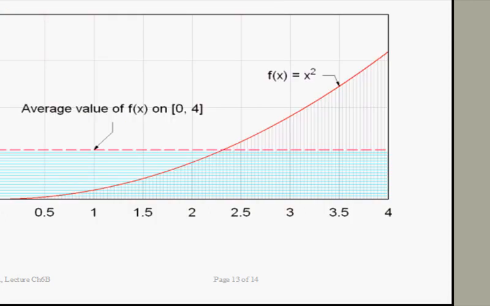So here's a demonstration of that. What we're looking at here is this continuous function x squared, and now we're looking at it over the interval [a, b], which is 0 to 4.